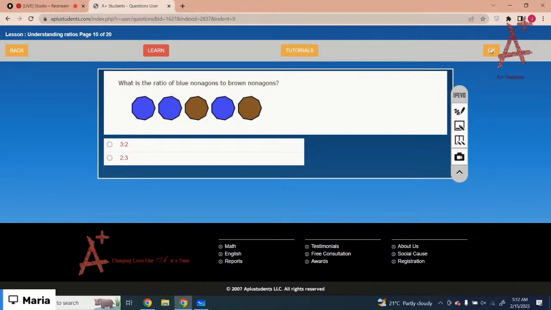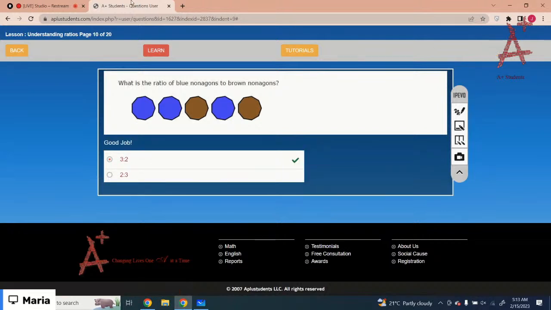Two of them are brown and three of them are blue. You have to write down blue first and then brown. So it would be 3 ratio 2. The correct option is 3 ratio 2.